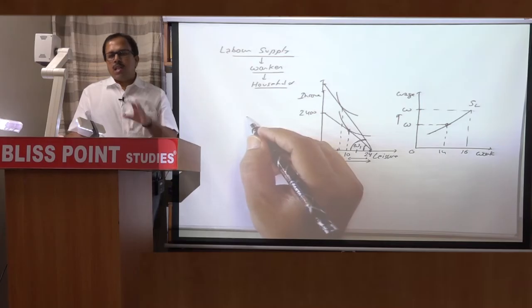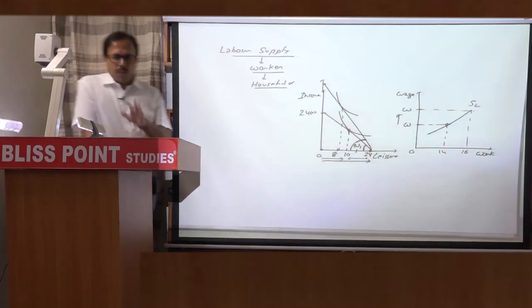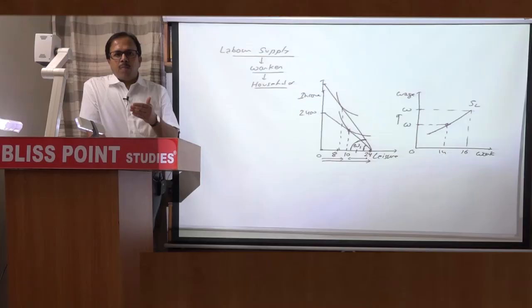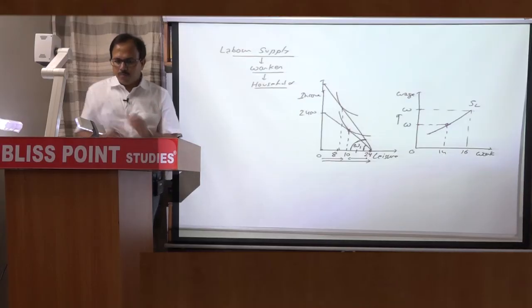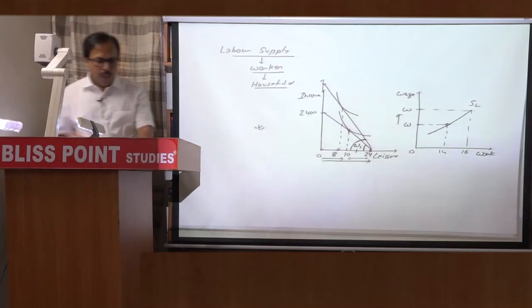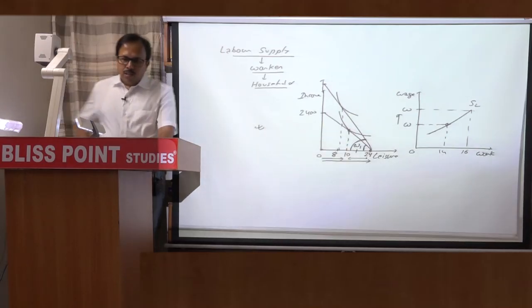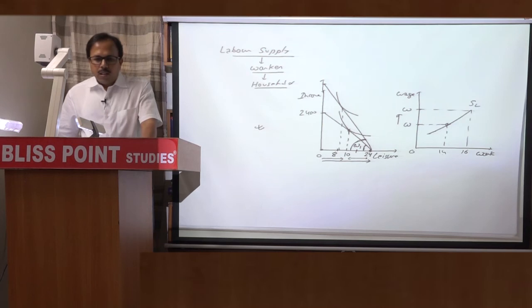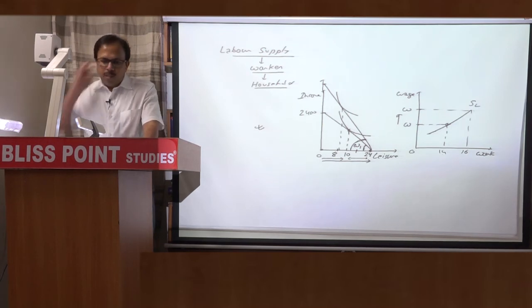Simply say that labor supply is being done by the workers, and they will be supplying that much labor where their own utility gets maximized. Clear? So write it in short. Labor is supplied by individual workers.